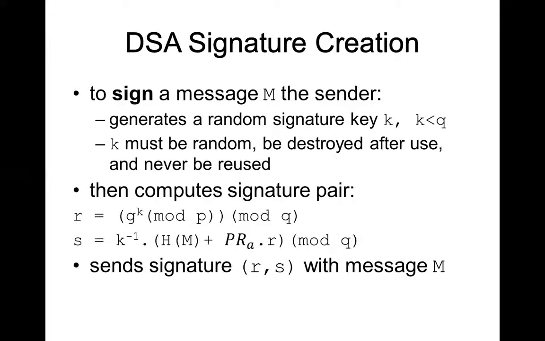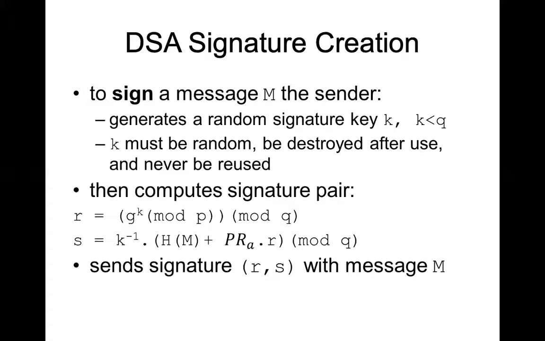Okay, so let me now tell you about how you create the digital signature and how you verify it. So to create the digital signature, the sender creates this random number k. It's called a salt or a nonce, doesn't matter. In fact, we'll use the term nonce quite a bit in the next lecture.